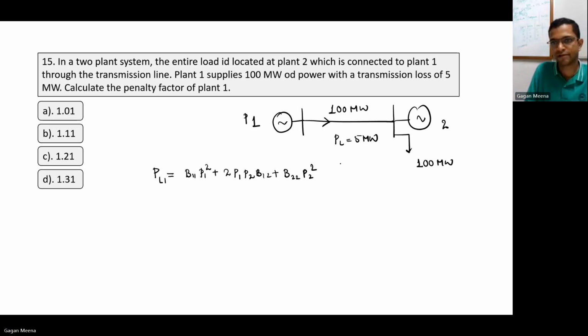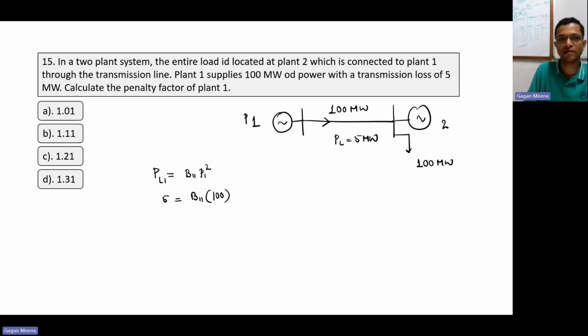But here this plant is directly supplying this load. There is no network involved here. This component and this component become 0. We are left with only one component, which is B11 P1 square. We know the loss is 5 megawatt, and P1 is supplying 100 megawatt. We get B11 equals how much? 5 into 10 to the minus 4.